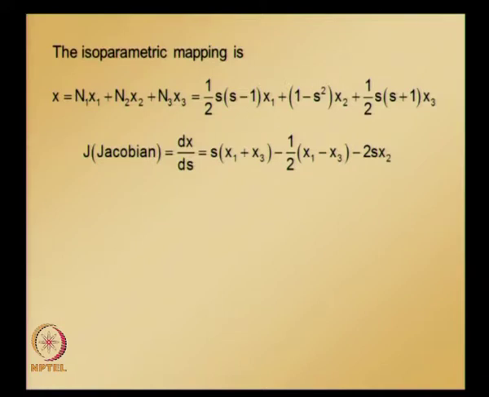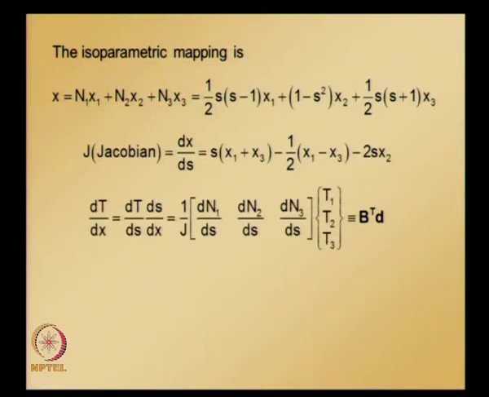We require this Jacobian or inverse of the Jacobian because we need to calculate the first derivative of the field variable with respect to x, which can be written as dT over ds times ds over dx. To get ds over dx we require this Jacobian; ds over dx is nothing but 1 over J.